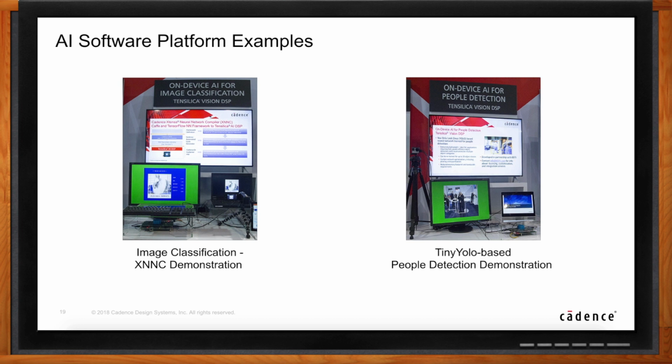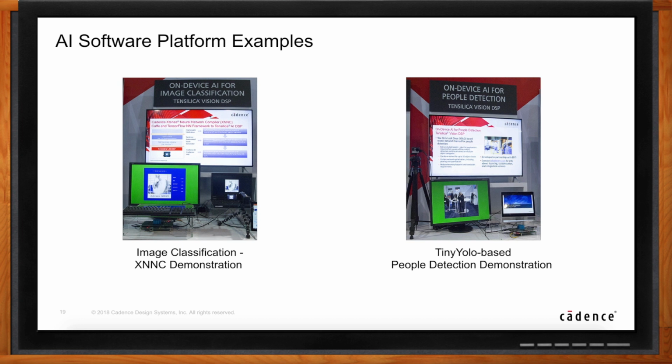On the left-hand side, you see an image classification XNNC demonstration. The main purpose of this demonstration was that, as I talked about in the previous slide, the Xtensa Neural Network Compiler lets you take a TensorFlow or Caffe-trained network and bring it all the way to your hardware. Here we took a MobileNet example and also an Inception example, those two classification networks, and brought them from TensorFlow all the way to this hardware platform in less than a day.